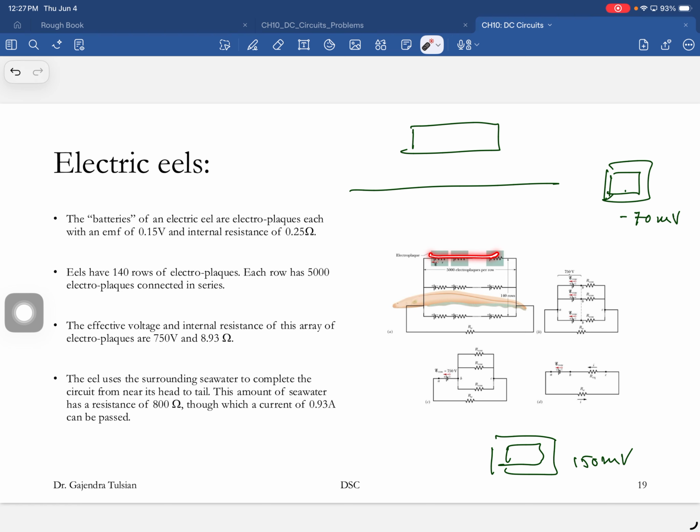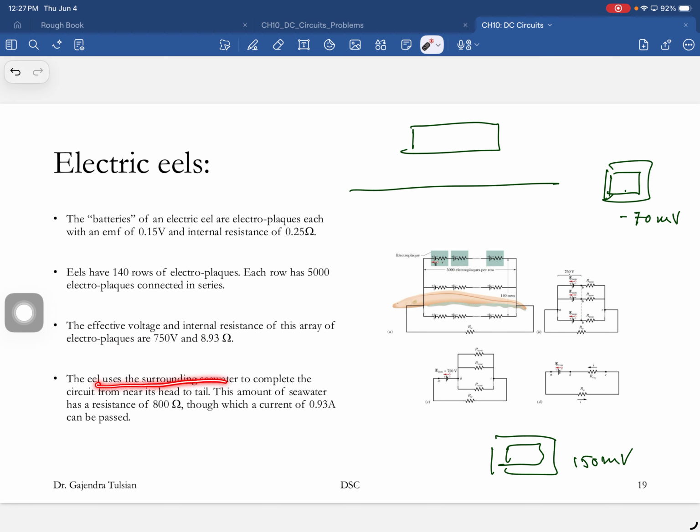So here's a 750 volt battery, and you're connecting 150 of them in parallel, so all their currents add up. This array of electroplaques is 750 volts, and the internal resistance is 9 ohms.